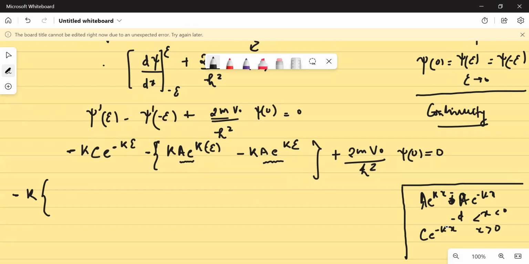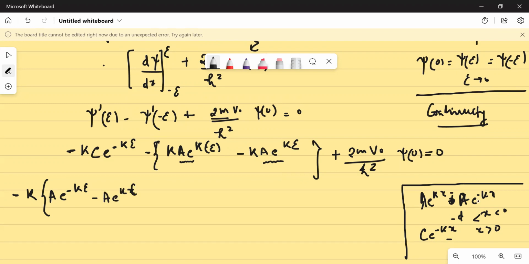Is that clear? So if you just place epsilon here, you have a left epsilon, and here you could write a right epsilon. So C e to the power minus k epsilon can be written as A e to the power minus k epsilon minus A e to the power k epsilon here.